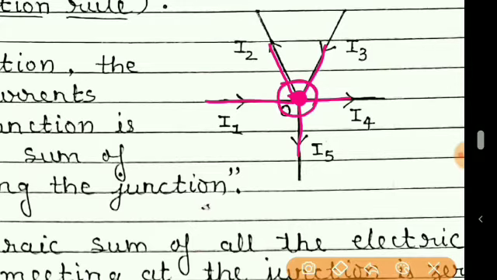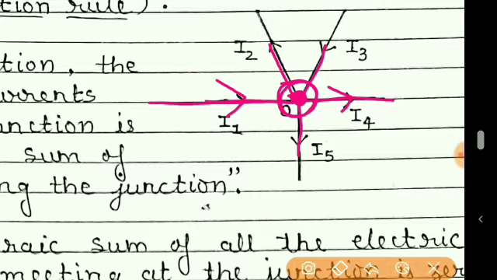So during the flow of the current at this point O, the charge will never accumulate, and so the current will not remain stationary at that point. It will also move only. So here whatever the current is coming towards the junction will be equal to the current moving out of the junction.